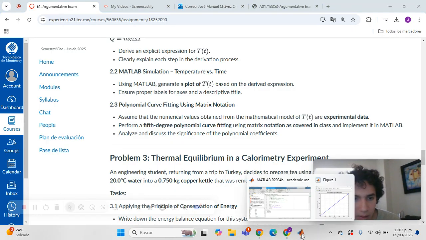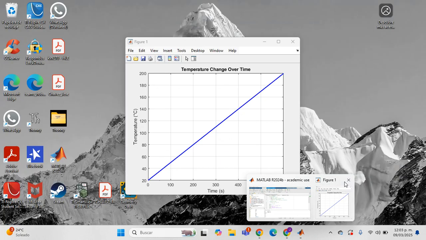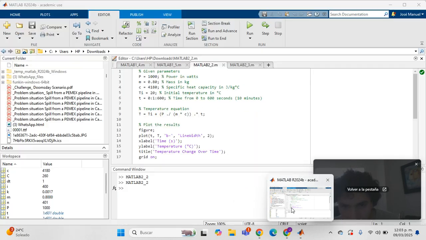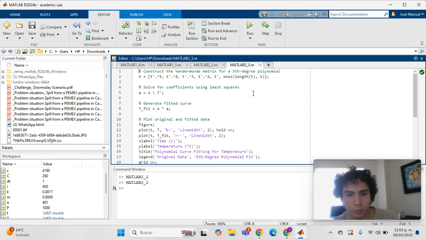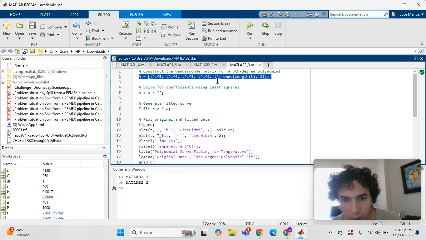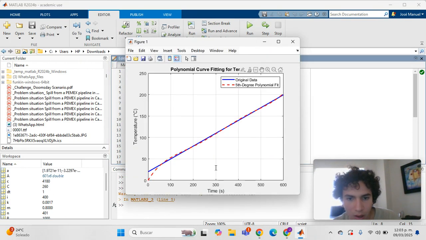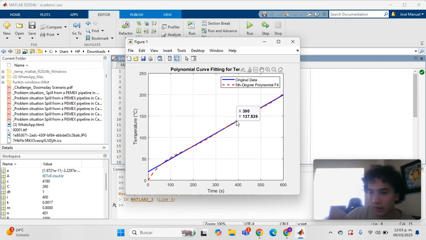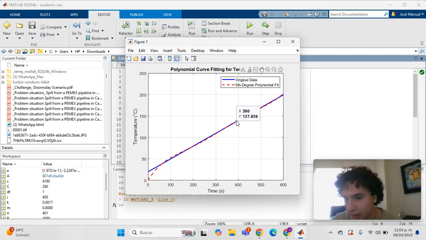So if we go once again all the way to MATLAB, let me delete this figure. To my 2.3 here, I have the given 5th degree polynomial, and if we run this, we have this over here, which is the blue line. The blue line is the equation we already obtained, which is the linear.